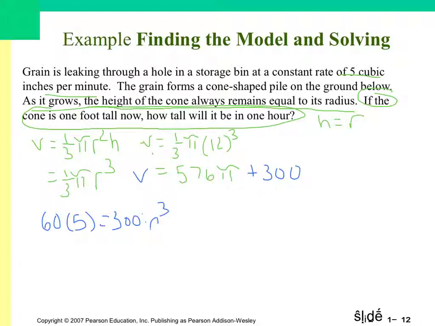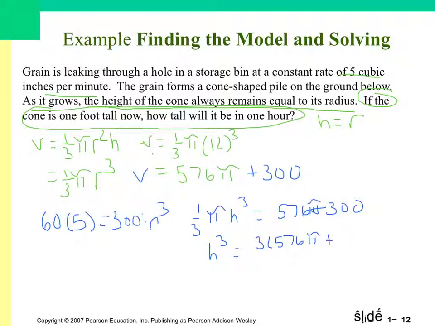Well, don't we know volume equals 1/3 pi h cubed as well? And that equals this. So if you solve that equation, multiply by 3, divide by pi, you can get h cubed equals 3 times 576 pi, I forgot the pi up there, plus 300 divided by pi.